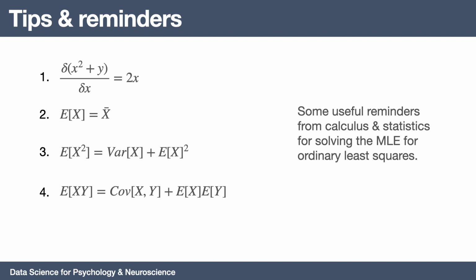The expectation of x times y is the same thing as the covariance of x and y plus the expectation of x times the expectation of y. These are just some useful reminders from introductory statistics and calculus that are going to be helpful for solving the maximum likelihood estimation problem.